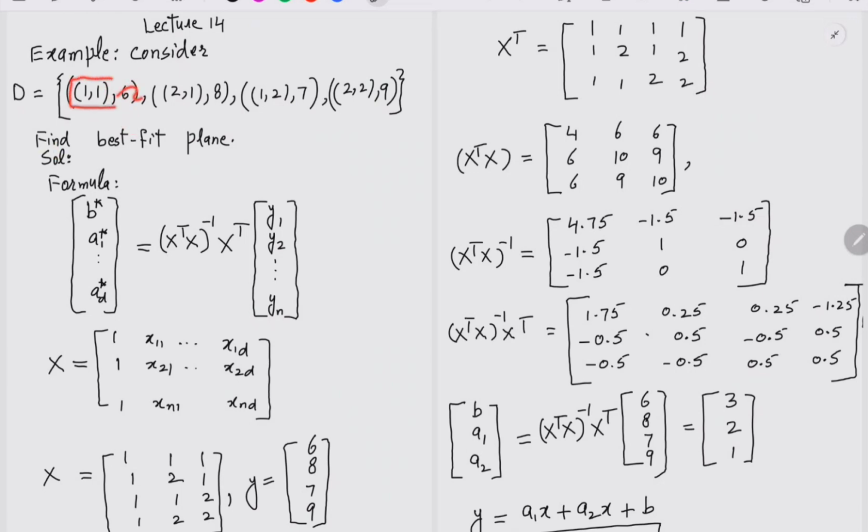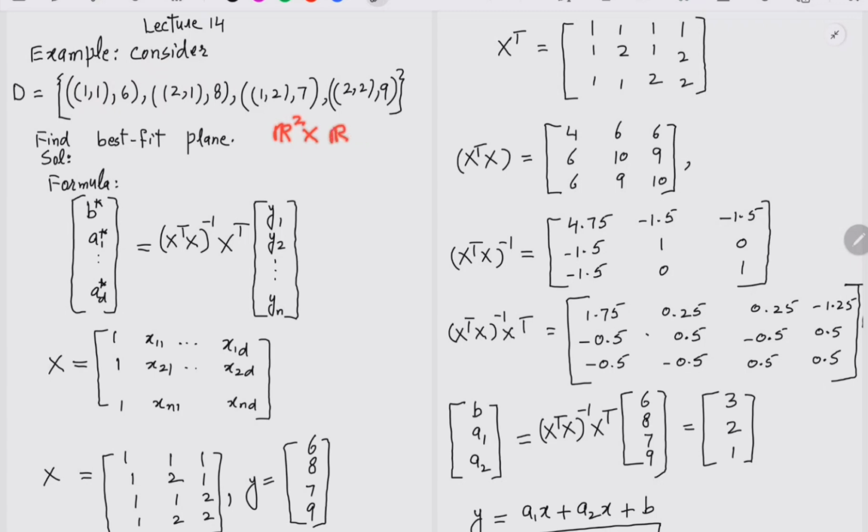For example, for point number 1, we have the data in R square, and this is the label value. Here again we have R square, and the label of that is 8, and so on. So this data looks like this: R square and R.